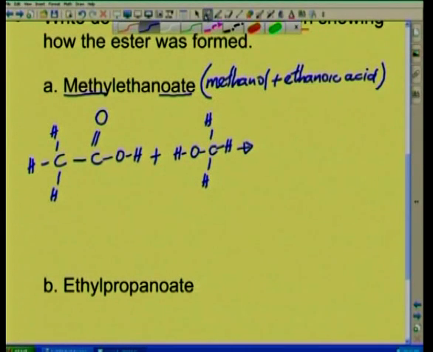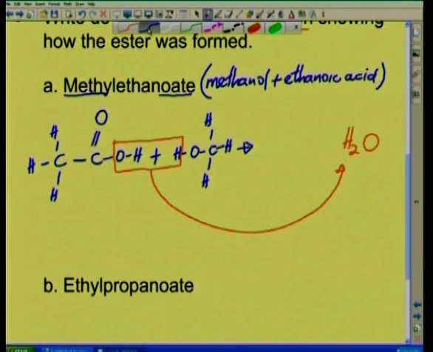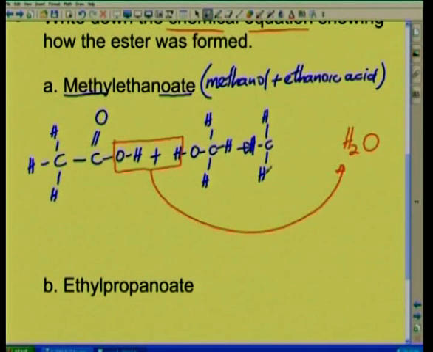What basically happens here is that this part here combines to form water, H2O. And then what will be the other thing that will be formed? This remaining part then attaches itself to this structure here, the C, hydrogen, hydrogen, hydrogen.